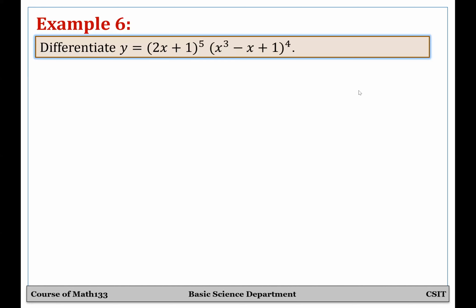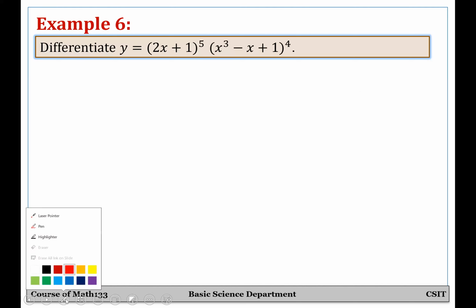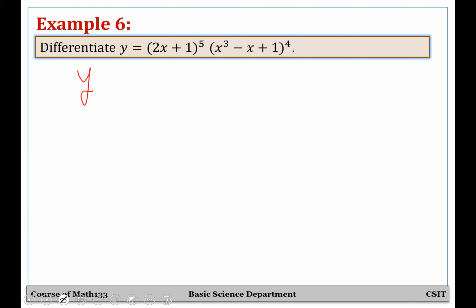So by application of the product rule, I will have y prime equal to the first one derivative. It's like this is your f of x and g of x, okay?